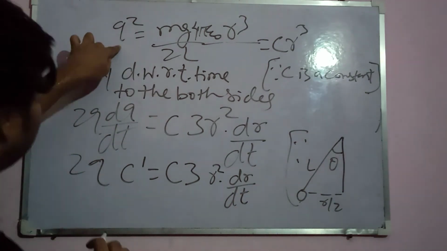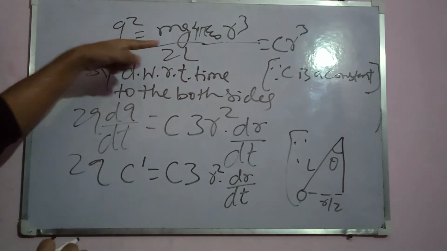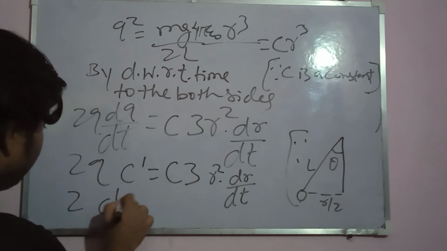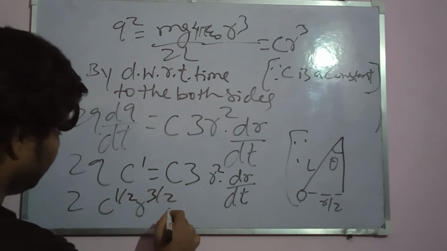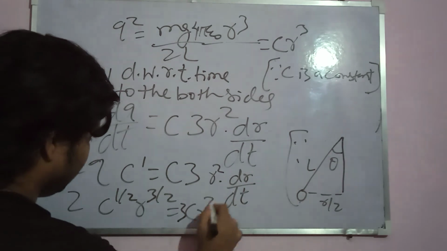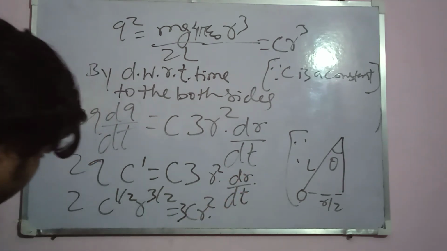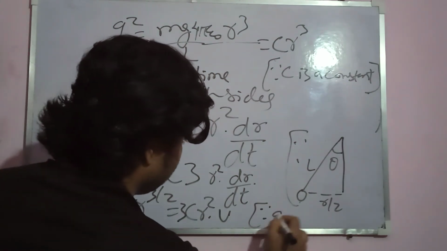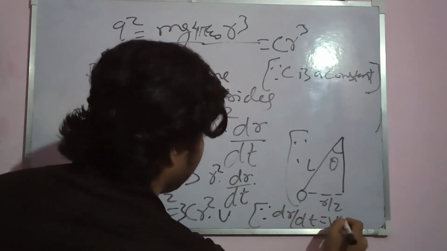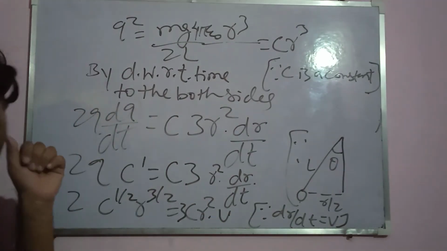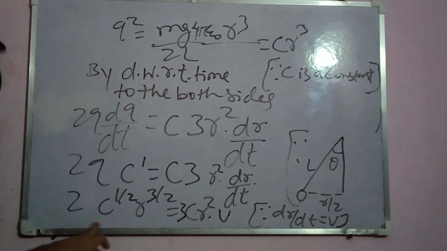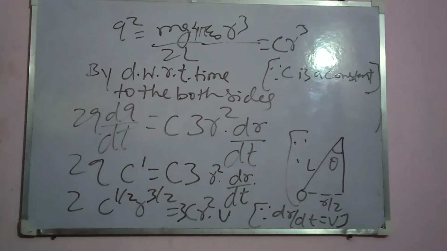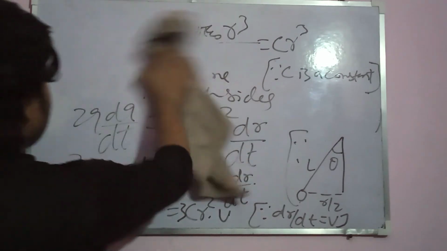From here we can replace this q. The value of q will be c power 1 by 2 times r power 3 by 2. That will be 3c r square, and this term dr by dt gives us the velocity of the charges towards each other. I need to find what this is proportional to. This is constant and this is constant, so I need more space, so I need to erase some.